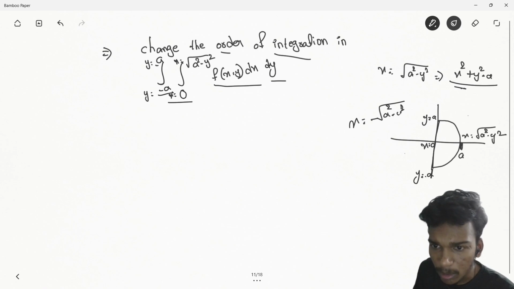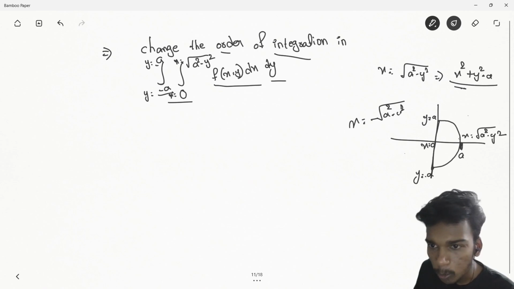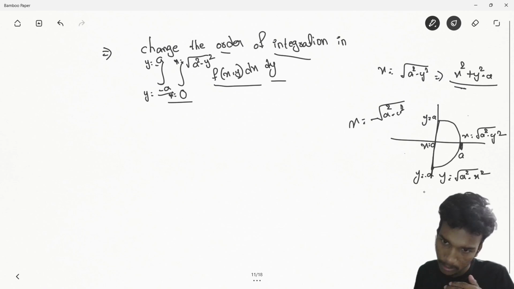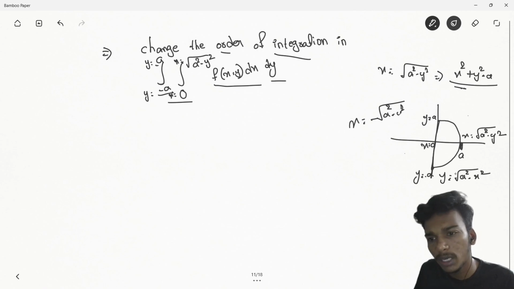As it is a point on the circle, we can take the y value on this curve as y is equal to under root of a square minus x square. If you keep x value as 0, we get plus or minus a. As we are interested in the negative region, we take minus a. If you are interested in the positive region, we take plus a. This is the governing equation of y.